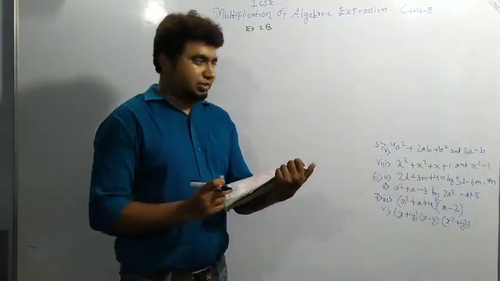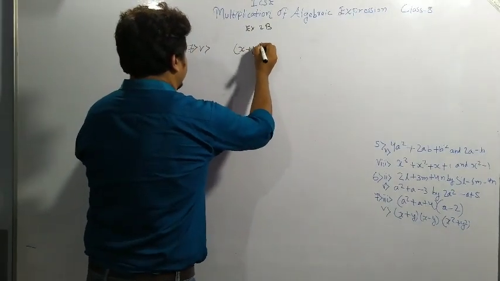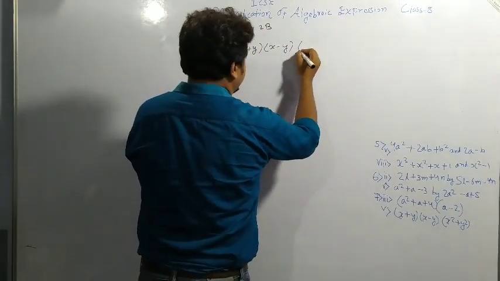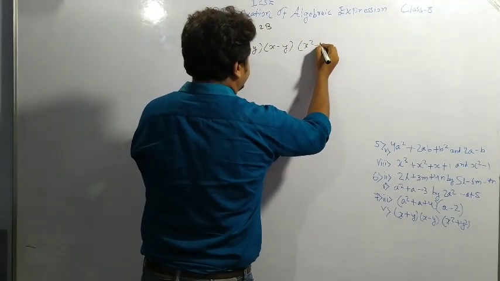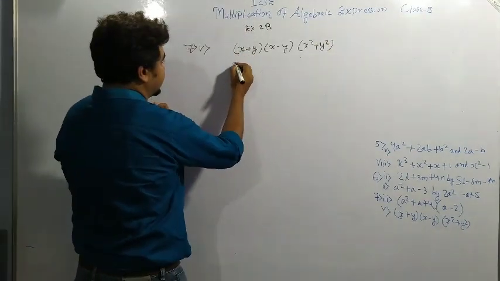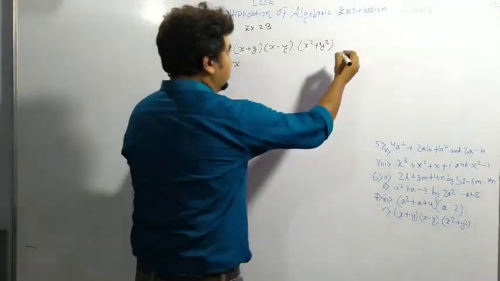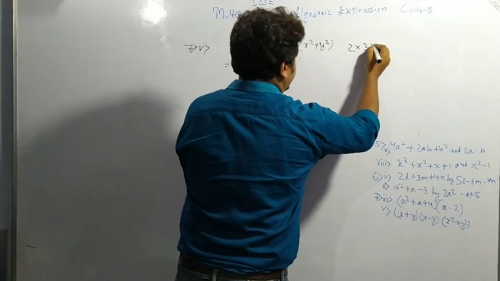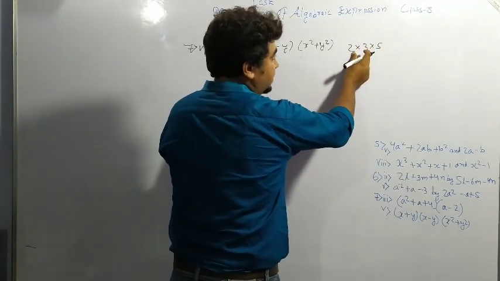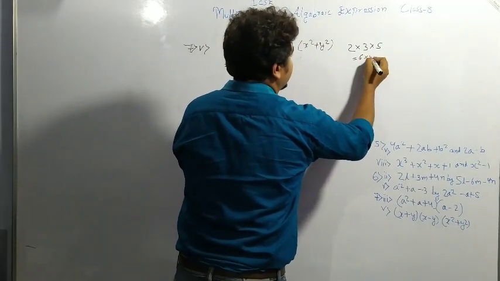7 bit 5. Okay, 7 bit 5. In the question it is given x plus y into x minus y, and it is given x square plus y square. First we will be multiplying these two terms. If it is given 2 into 3 into 6 into 5, suppose, we are multiplying the first two terms, then we are multiplying the answer of this, 2 into 3, 6, into 5.